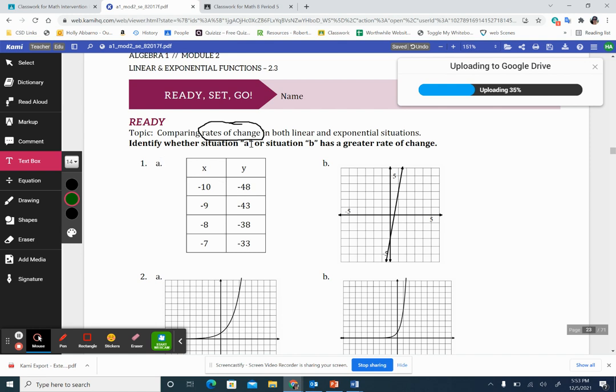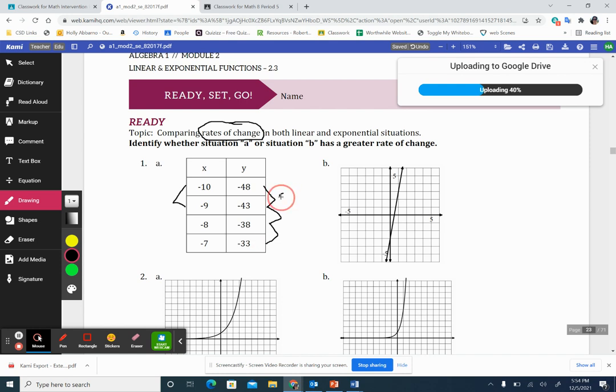Here's kind of how it looks. It says identify whether A or B has a greater rate of change. From a table, we see the rate of change happening from here to here, and we write it as a fraction. This one's changing from 48 to 43, changing +5. From -43 to 38, +5, +5. So this is a 5 for every one.